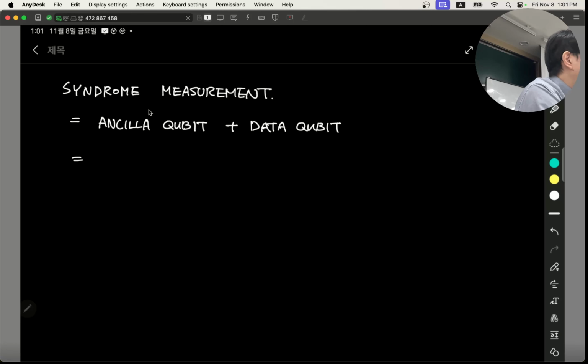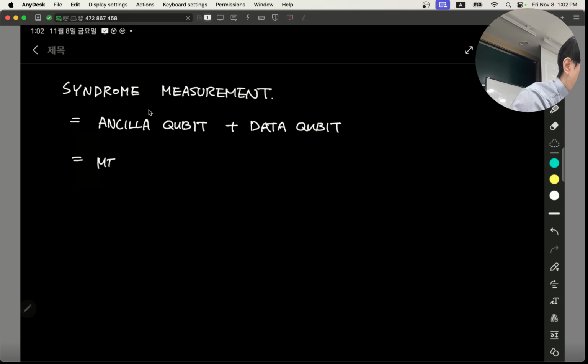I don't know how to translate ancilla in Korean, but anyway, the ancilla qubit is the only channel through which you can detect whether an error occurred at the data qubit. You don't do anything on the data qubit, nor do you alter the qubit state on the data qubit.